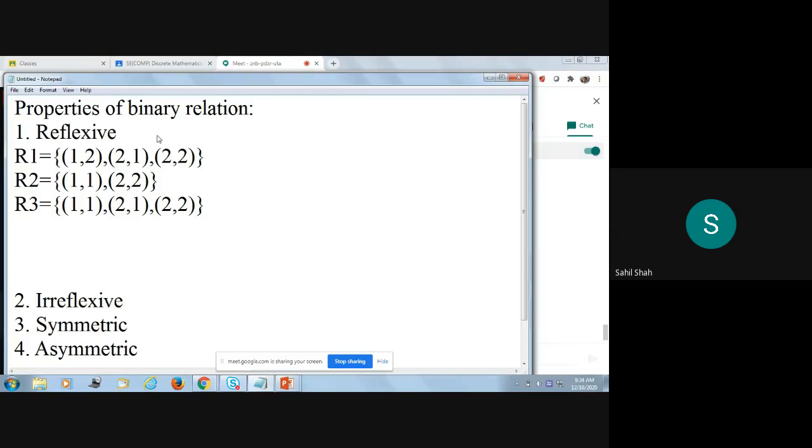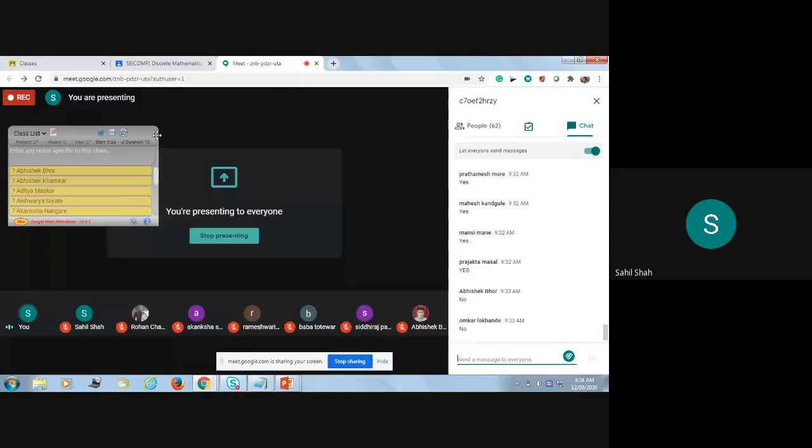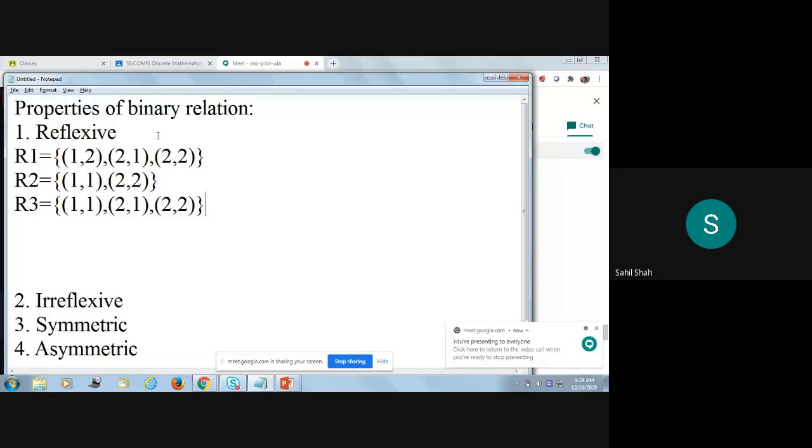So can you tell me, out of these R1, R2, R3, which are reflexive?